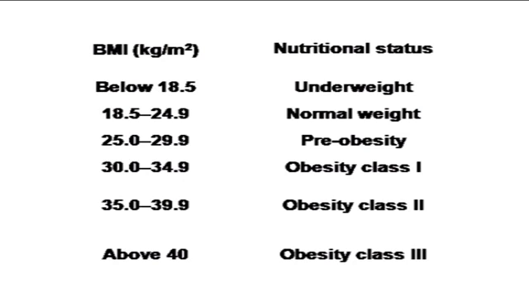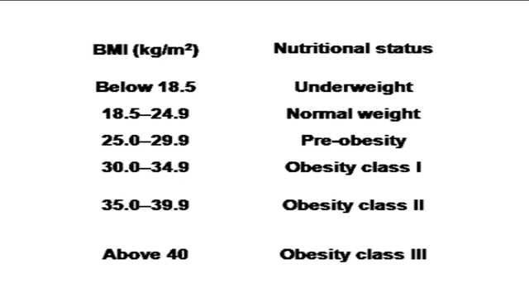BMI between 18.5 to 24.9 kg per meter square is considered as normal weight. A BMI between 25 to 29.9 kg per meter square is considered as pre-obese. BMI between 30 to 34.9 is considered as obesity grade 1.